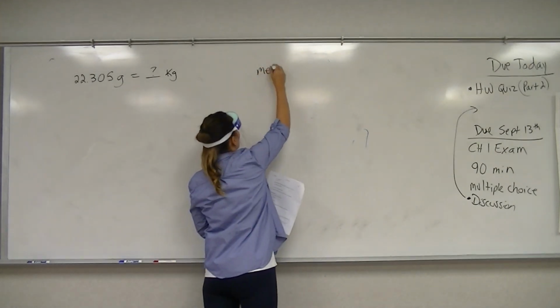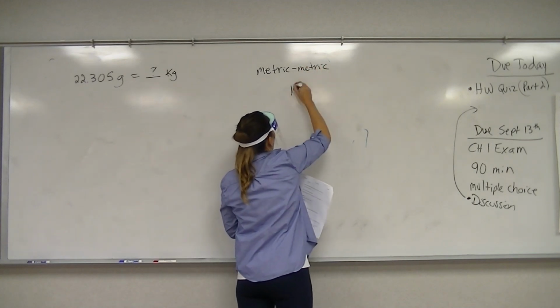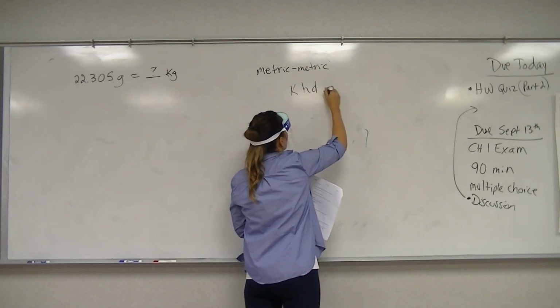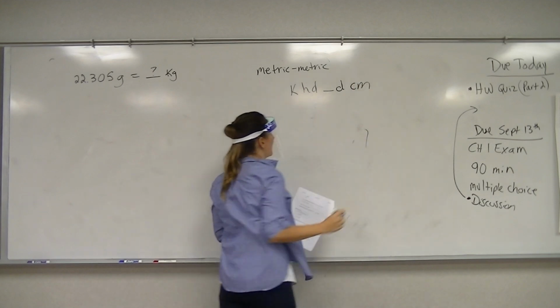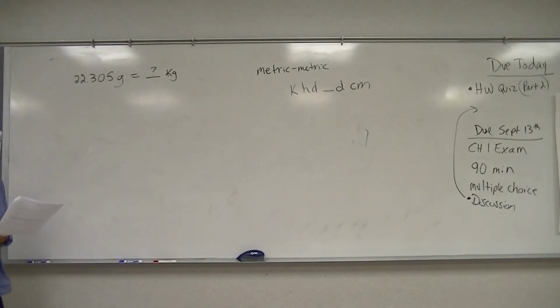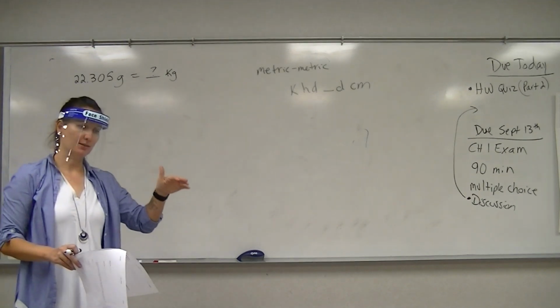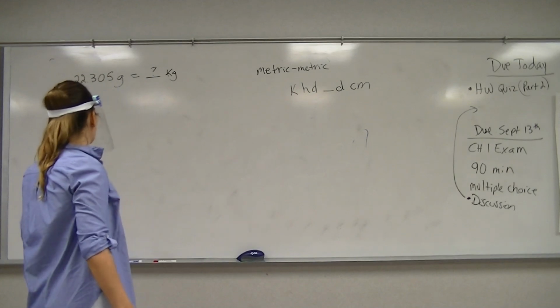So metric to metric is going to be the KHD, King Henry died, drinking chocolate milk, that guy. If it's English to metric, you're going to go to a conversion table and find the appropriate conversion and do the railroad tracks.